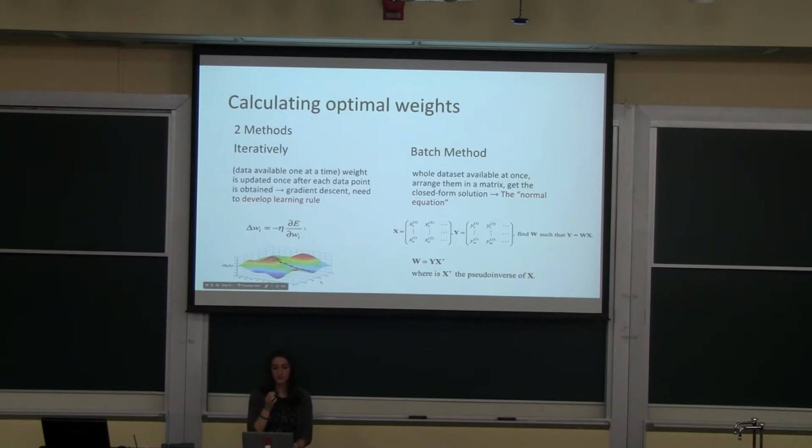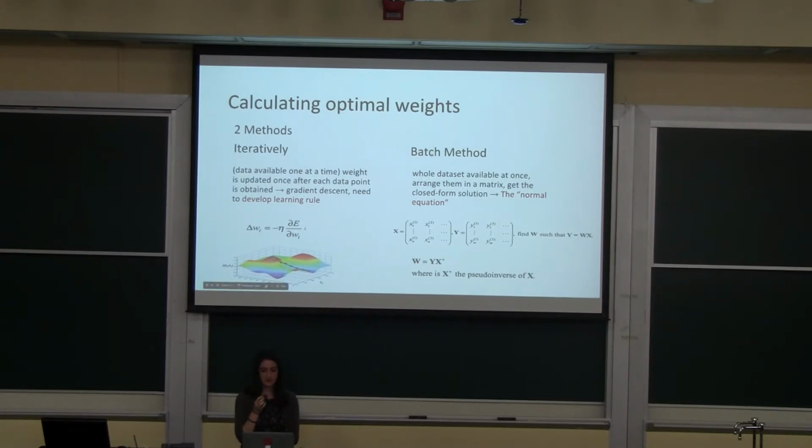The first is for when you have one data point at a time, and the weight is iteratively updated so that it optimally represents the data. This uses the gradient descent rule, where you have a constant times the partial derivative of the error function, and as you get new information, you iteratively update the weights.